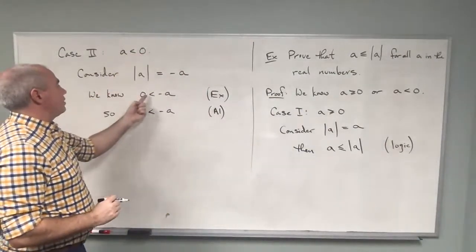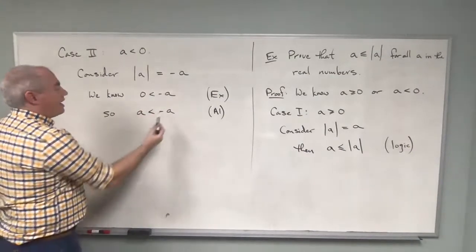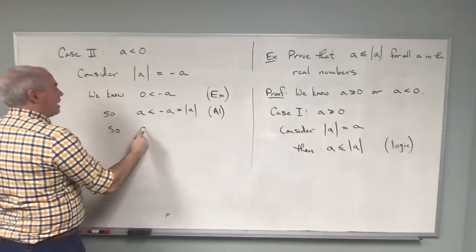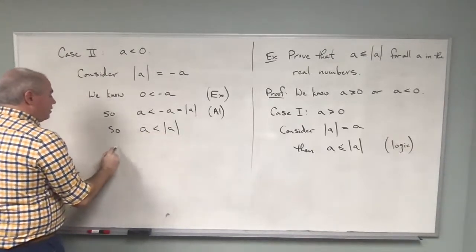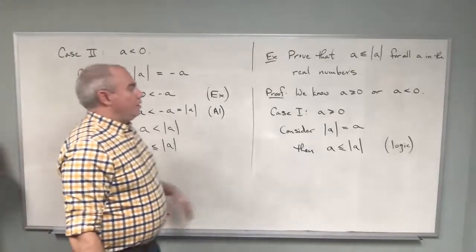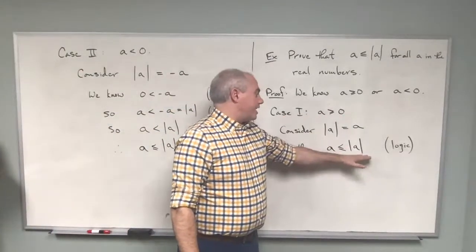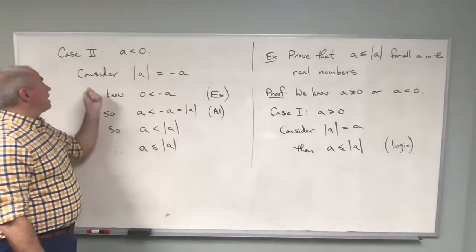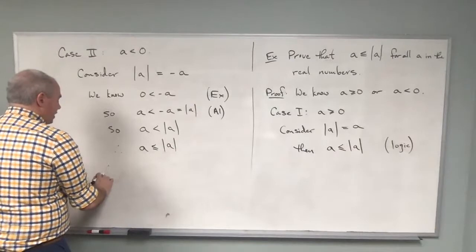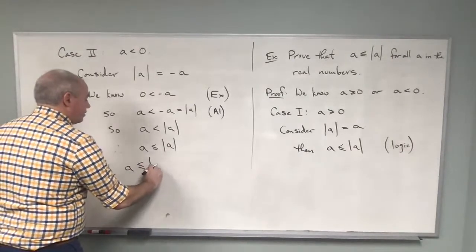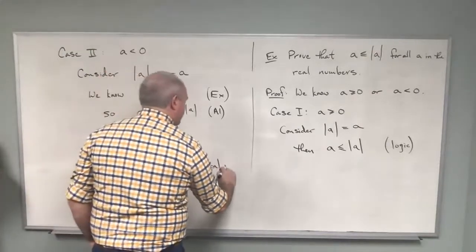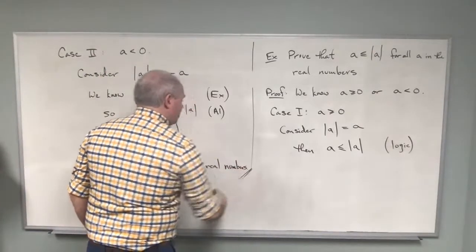So I have A is less than 0, 0 is less than negative A, so A is less than negative A. But negative A is the absolute value of A. So that means that A is less than the absolute value of A, and therefore A is less than or equal to the absolute value of A. So if A is greater than or equal to 0, A is less than or equal to the absolute value of A. And in our second case, if A is less than 0, then A is less than or equal to the absolute value of A. In both cases, I can say, therefore, A is less than or equal to the absolute value of A for all real numbers. And we're done.